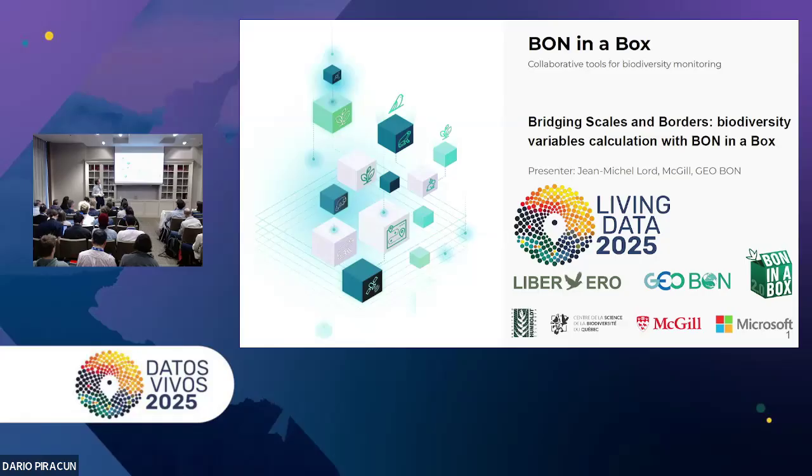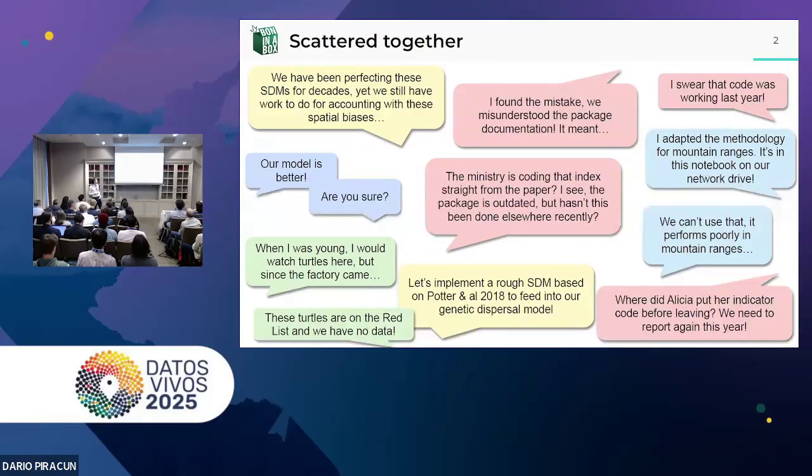All right, so my presentation now is called Bridging Scales and Borders: Biodiversity Variables Calculation with BON in a Box. We are together in this journey to understand, monitor, and protect biodiversity, yet we are scattered. This conference is a very good illustration of the will to get together and unscatter.